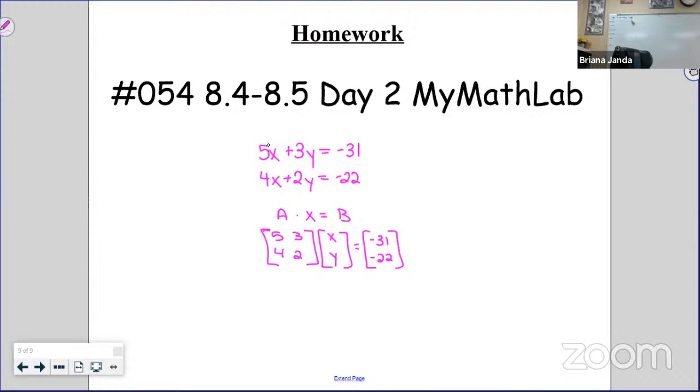I would then have to do the work by hand to find the inverse of this, which is what we learned how to do yesterday, right? I know how to find the inverse of a 2x2. I would do that work and multiply it by B, and all of those things I know how to do with matrices this small. And that is a question that will be on your quiz on the non-calculator part.